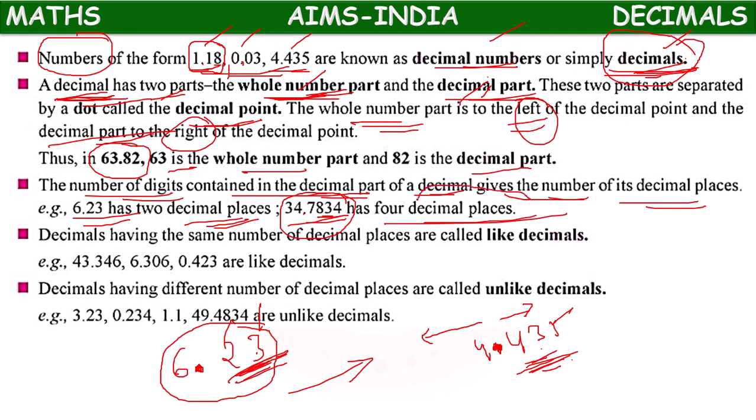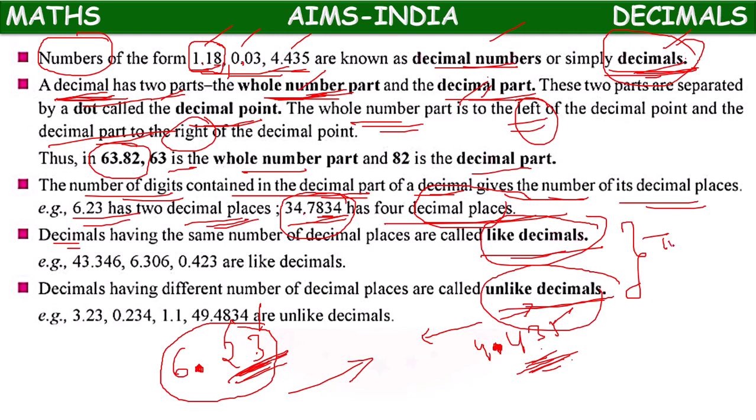So based on the decimal places, we can name the decimals as like decimals and unlike decimals. These two are the types of decimals, which can be told by the number of decimal places.